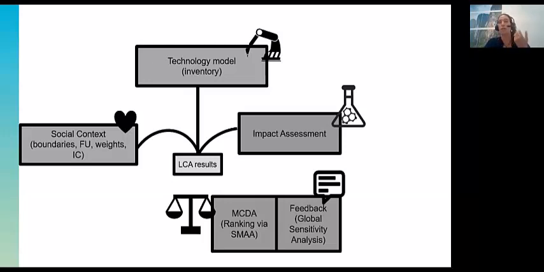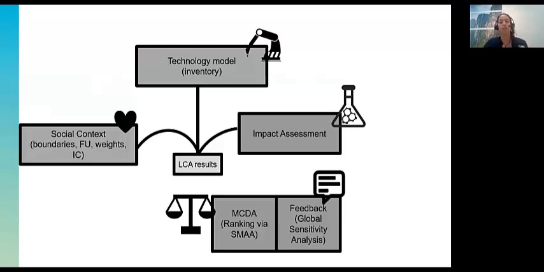We can apply a global sensitivity analysis to that, and so we can provide feedback. Okay, if we are going to refine this study, what do we need? Do we need better characterization factors? Do we need to go back to the lab and do more experiments with zebrafish?